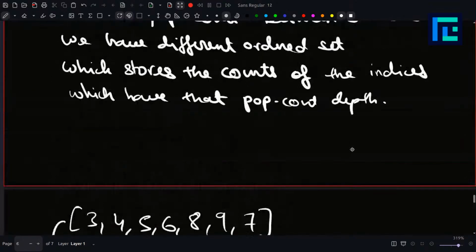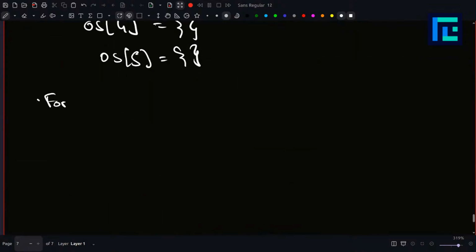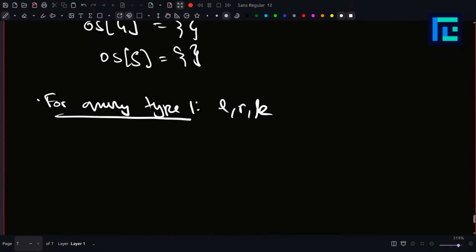Okay. Now, what we can do is for query type 1, we are given L, R, K. And the answer for this query will simply be ordered set K, and we can find it using the order of key function, which I told earlier what it means.